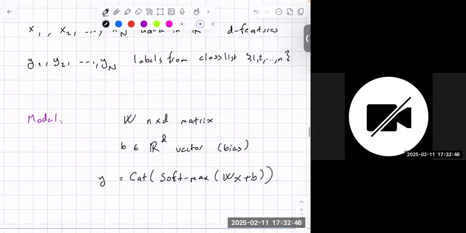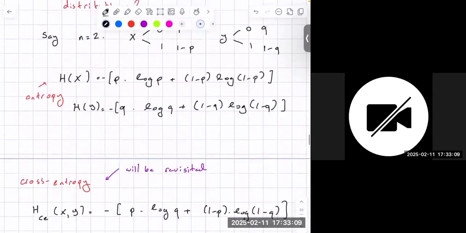So this is your logistic regression. In a lot of resources, logistic regression is presented as if it is something too complicated. What I'm trying to say is it's not too complicated, okay? Linear, softmax, categorical, that's it. And if you want to be more fancy, instead of applying linear directly, lift first so you have a whole bunch of features. That's about it. Okay, let's go back to probability.